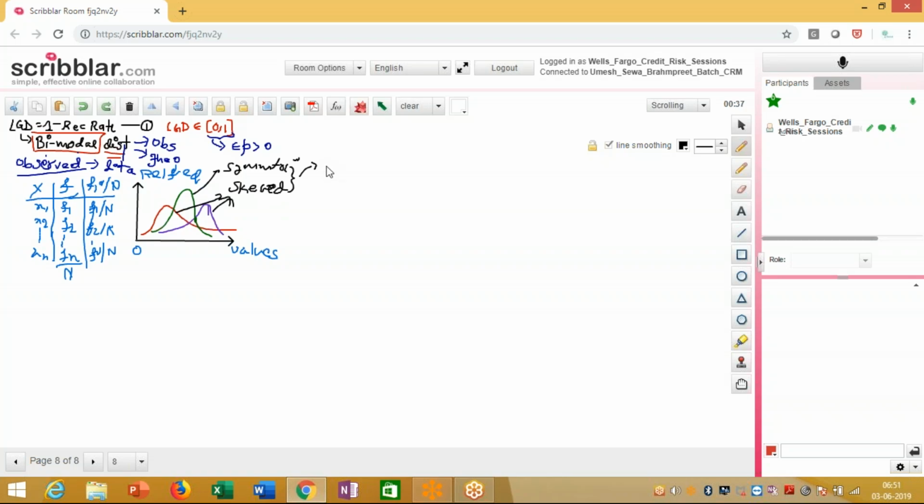Depending on the way the values are spread across, I consider it to be a symmetric or a skewed distribution, which is based on the spread of the values.